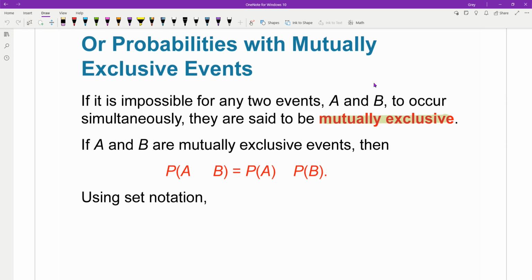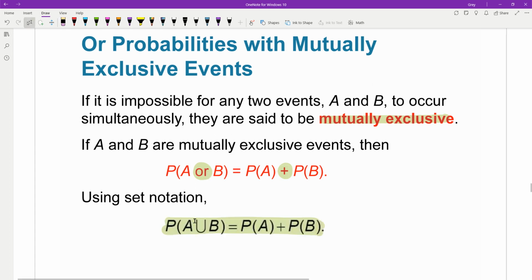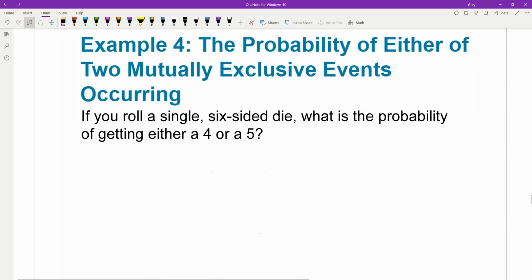The probability of A or B, that's a key word, is you just add the probabilities. Using set notation, you need to be familiar with that. Or is this symbol right here, the union, and it's one that's either one. But when you're thinking of an or possibility, you have to know to add the 2 probabilities.